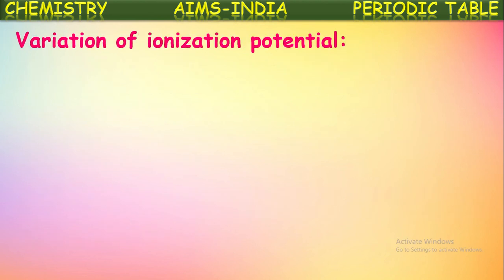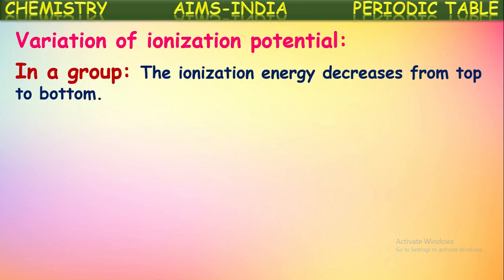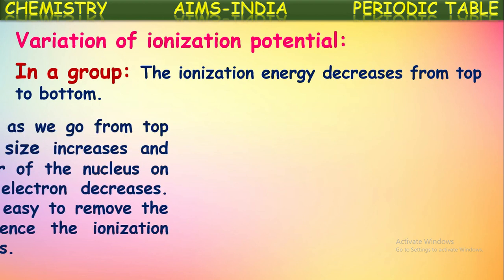Next, let us see the variation of ionization potential or ionization energy in groups and periods, how it trends. First, let us see how it changes in a group. Ionization energy in a group from top to bottom decreases. Why? Because size increases.